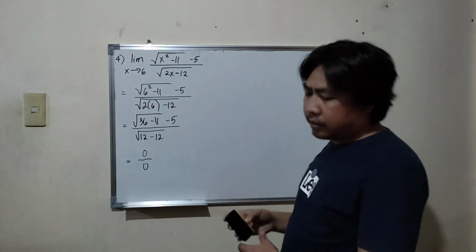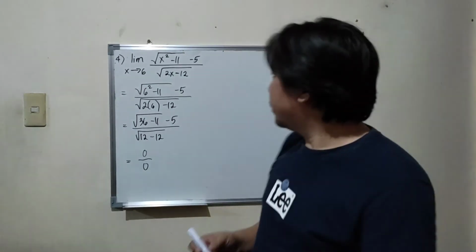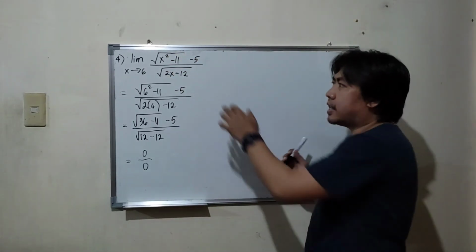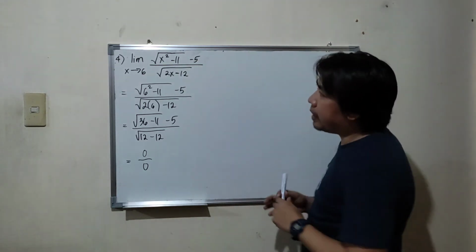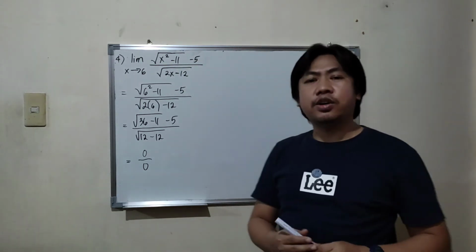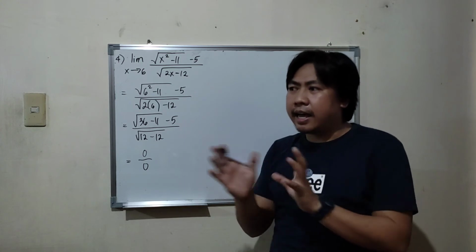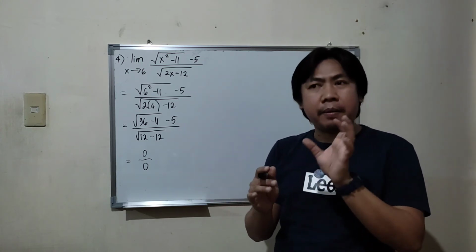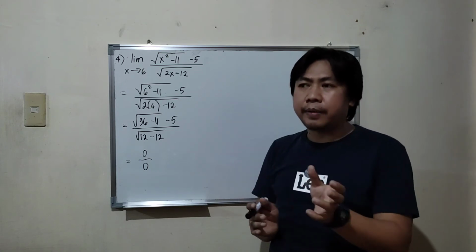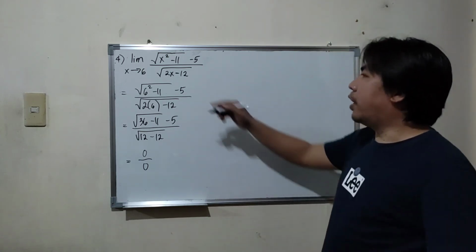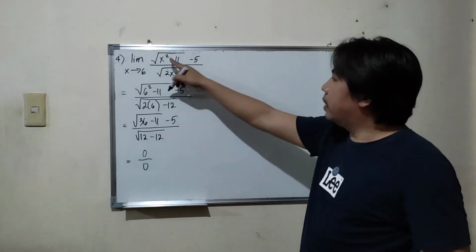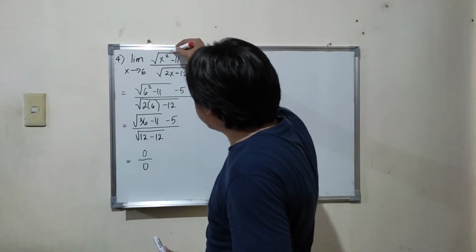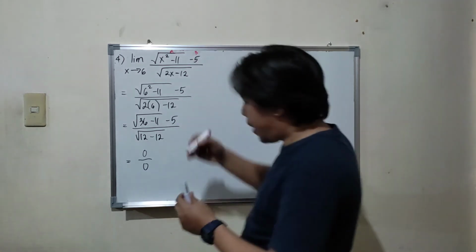To do that, we multiply both the numerator and denominator by the conjugate. Usually when there is a radical, we multiply by the conjugate, which means the opposite sign. For example, the conjugate of a plus b is a minus b. Here, the square root is our a, and 5 is our b.